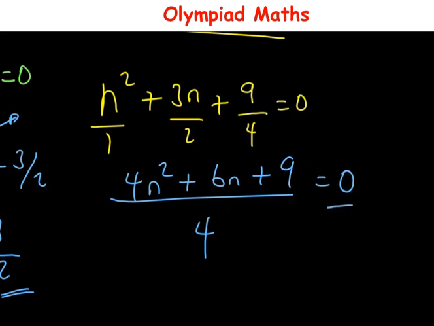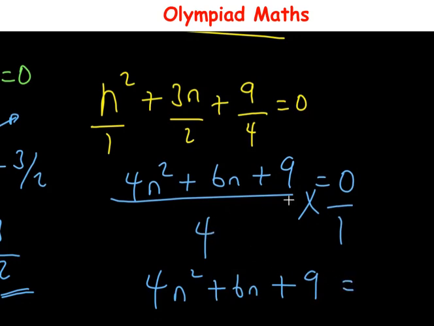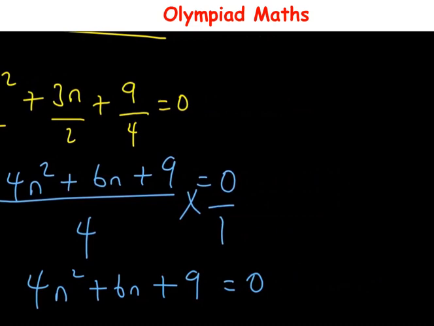Now, we can simply cross multiply. So 4 times this is 0, and 1 times this is still giving us 4n squared plus 6n plus 9 is equal to 4 times 0, which is 0. Now, with this, we have a quadratic equation, which is simply 4n squared plus 6n plus 9 is equal to 0.